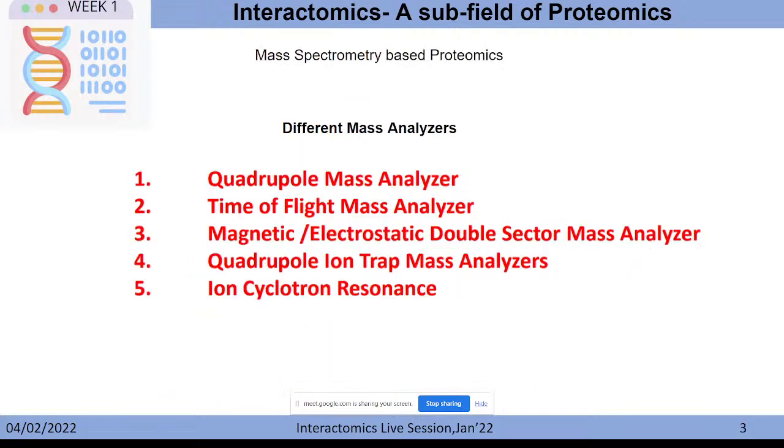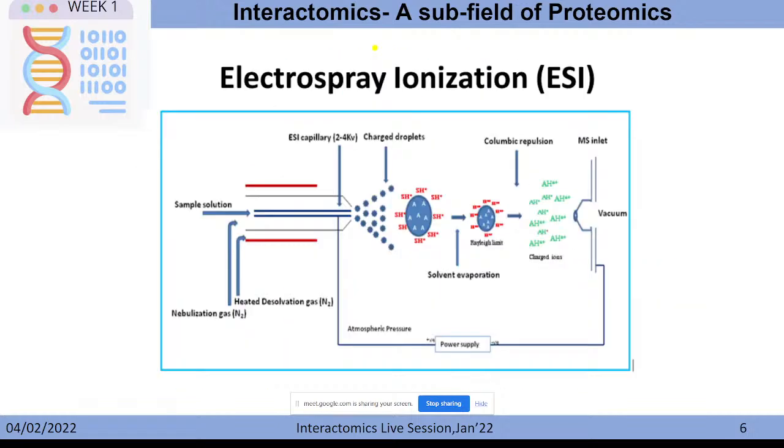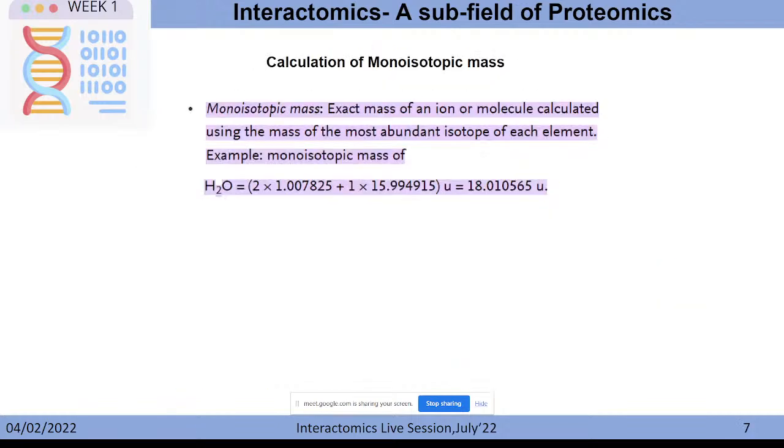Also, the different mass analyzers have different specificity and sensitivity, so you need to understand which one to use for your particular set of experiments. And you can also understand, with the help of their names, on the basis of what principles they work, and it helps you to understand.